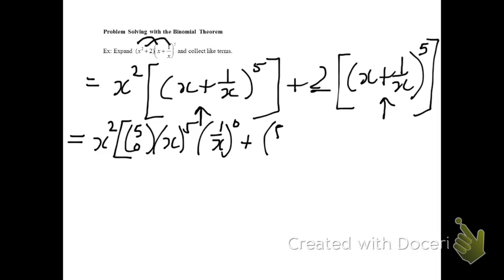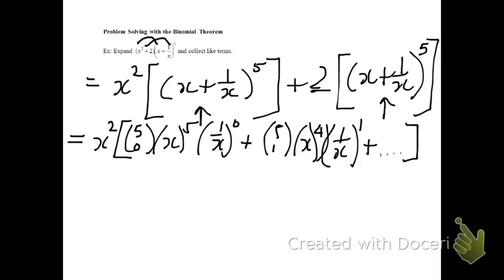So 5 choose 1 x to the power of 4, sorry, that should be in there, times 1 over x to the power of 1. Okay, and you can imagine that pattern continuing. And then to that we're going to add 2 times the exact same thing.